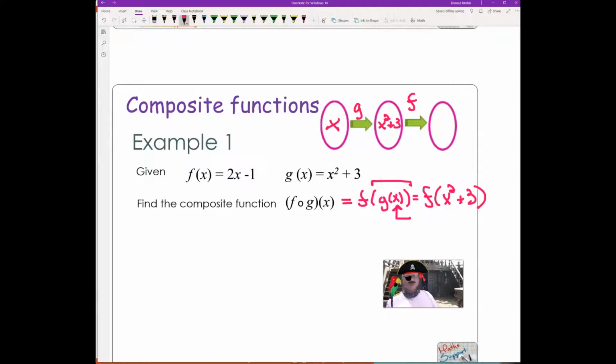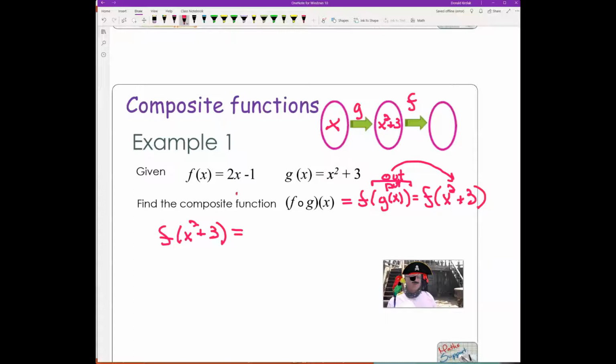This is our new input. g of x stands for your output when it comes out of g. Now that output is going to go into f. So down here, I'll write it out. We're going to have f of x squared plus 3.